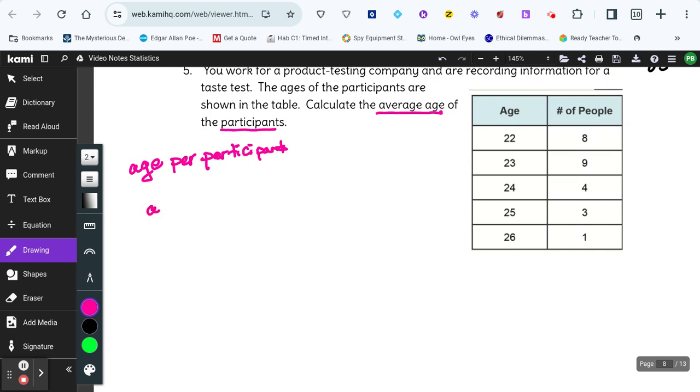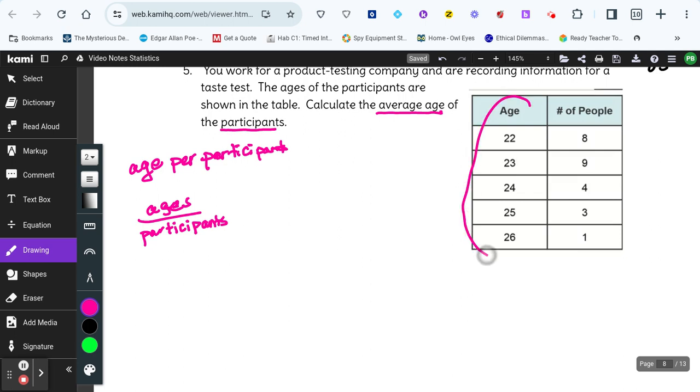So my ages are going to go on the top, and my participants are going to go on the bottom, the number of people.